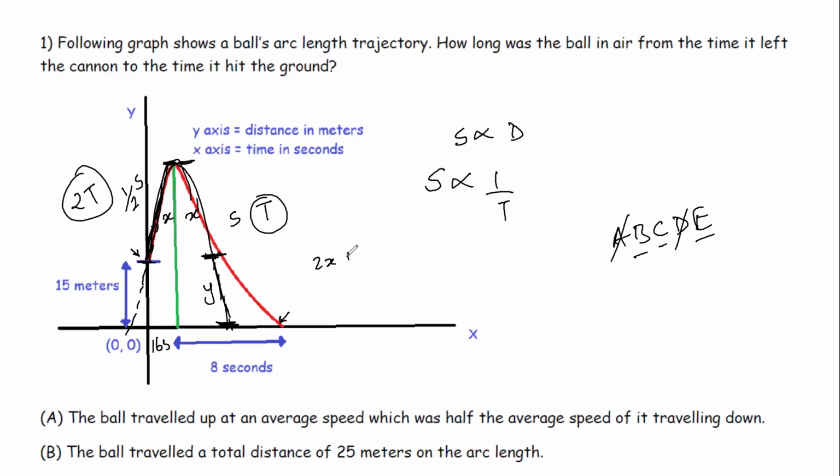So 2x plus y is 25 meters. We cannot gauge whether x is 10 and y is 5, or x is 7, 14, and this is 11. We don't know that. This 15 meters is a vertical distance, so B doesn't answer. Together also it won't answer. So the answer is Z.